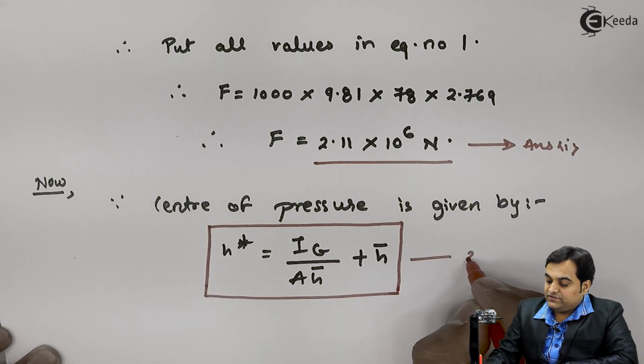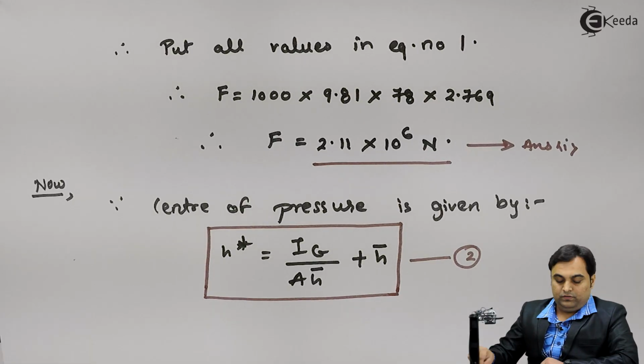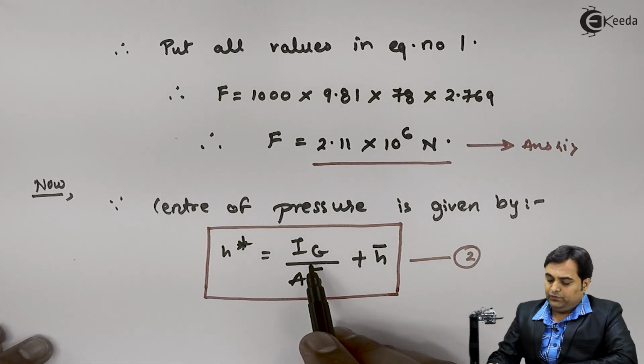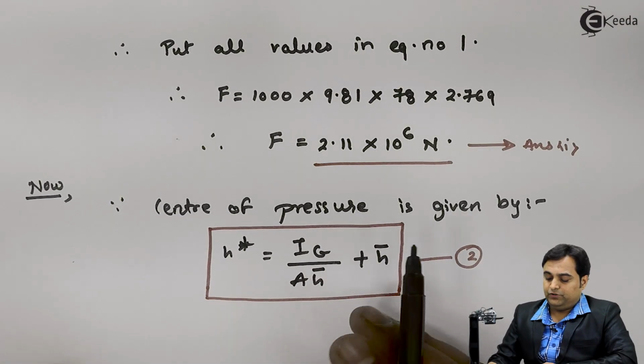I'll call this the second equation. Now I need to calculate the moment of inertia for the trapezoidal section about its centroid.